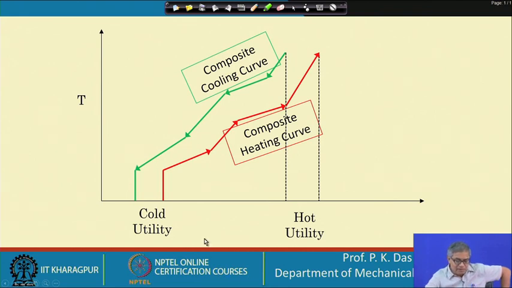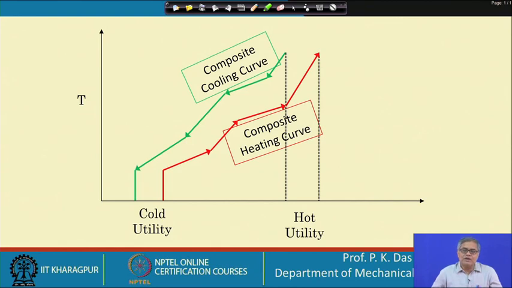In this overlapping temperature zone there will be heat exchange between these streams, and where the hot stream will not be able to supply the heat, there I have to use a utility.